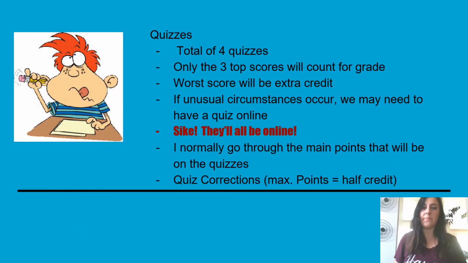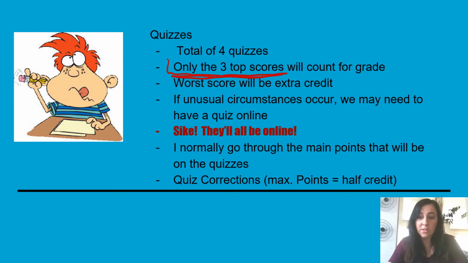Let's move forward. Next we're going to have quizzes. If you have had me before, you kind of know the drill here. We're going to have 4 quizzes for this course, for this semester. Now, only the top 3 of those quiz scores will actually count for your grade.